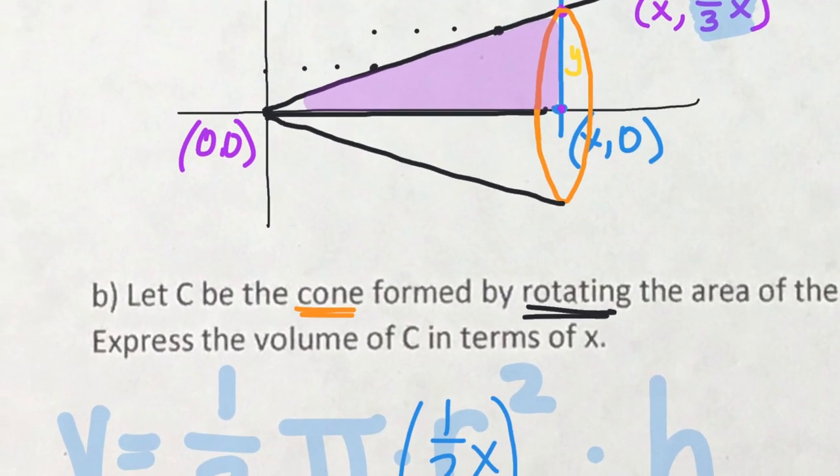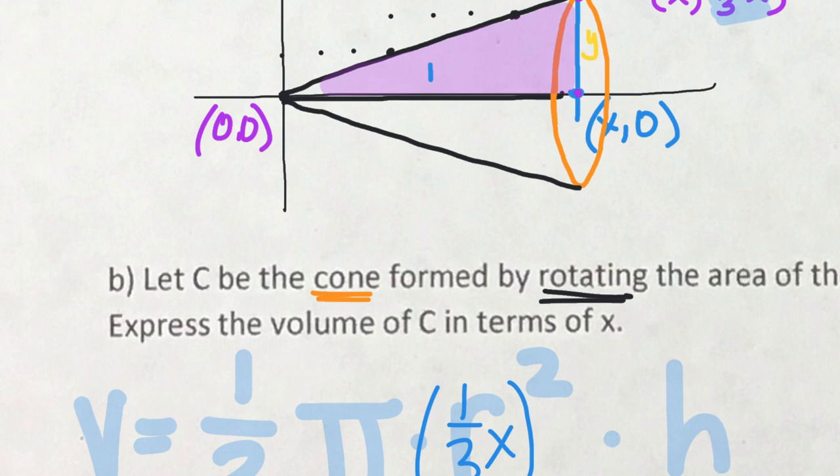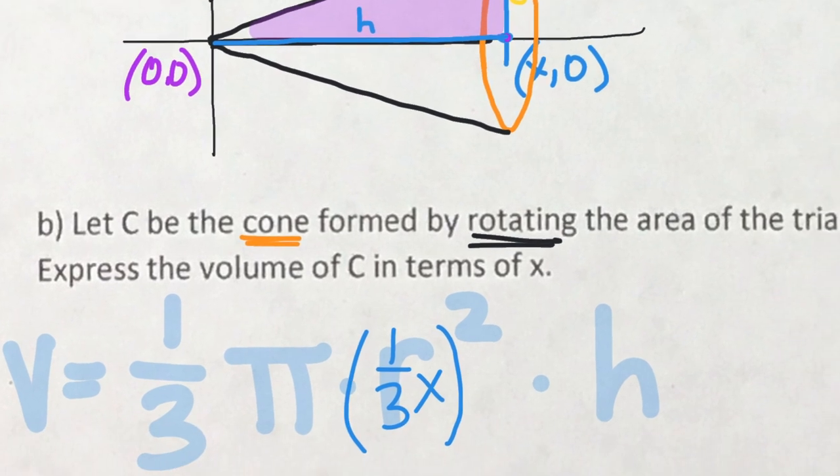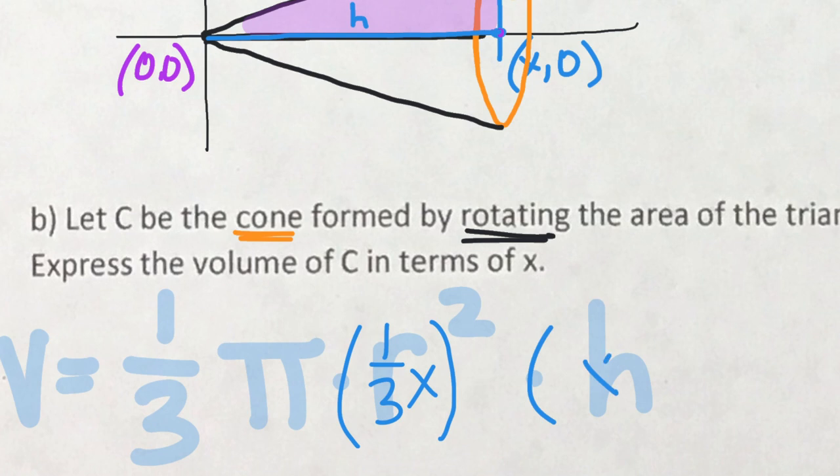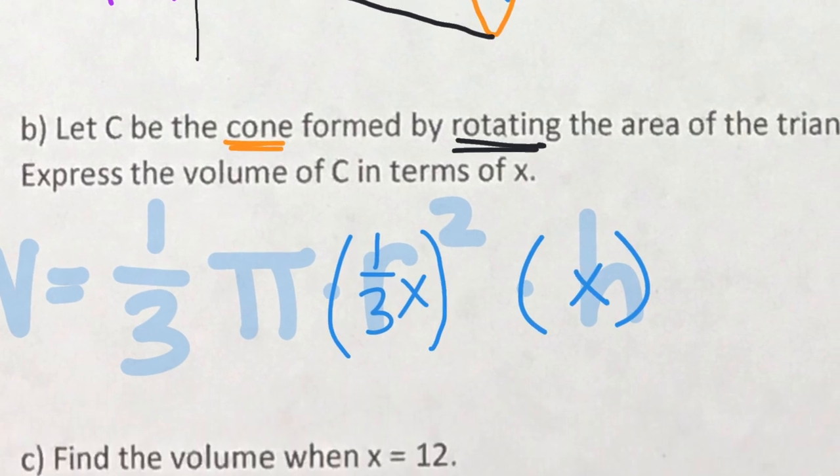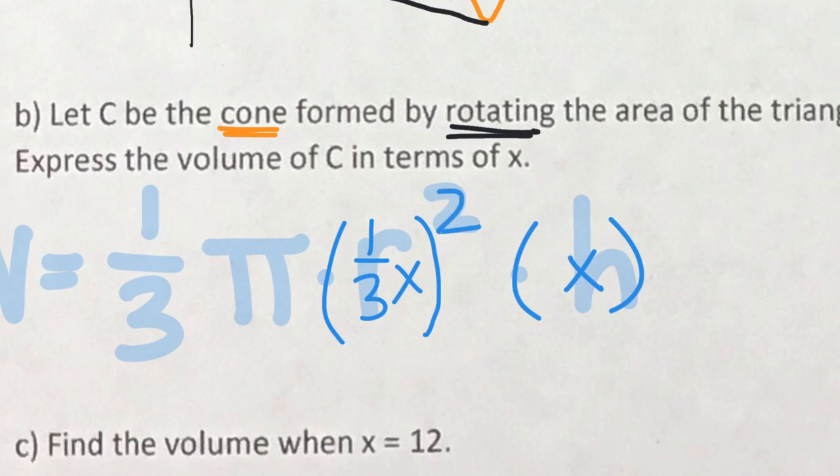The vertical is always a y value. And then height. The height in this case is an x value, right? From the base, the center of your cone, all the way up to the vertex of your cone. That's an x value. It's a horizontal distance. Horizontal distances are always x's. So we have this equation, 1/3 pi times 1/3 of x squared times x.